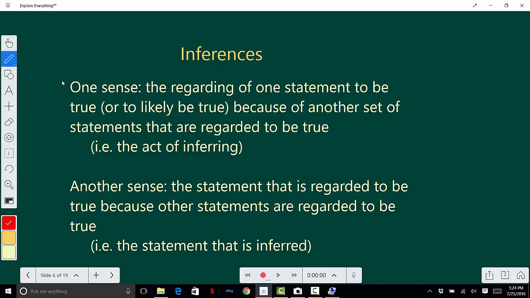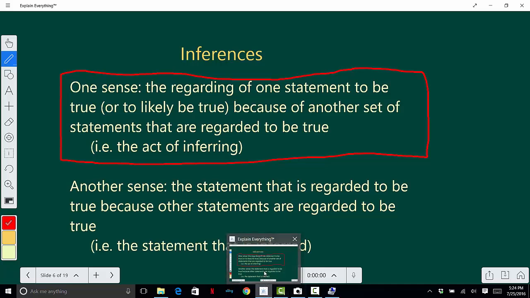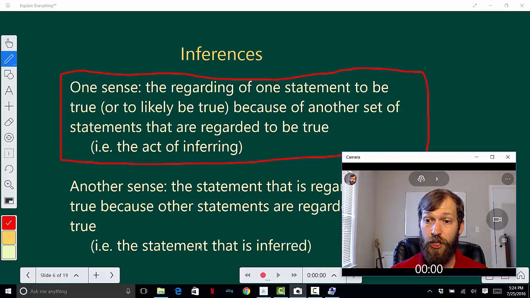But when it comes to what we're worried about insofar as we're studying logic, we're worried about this reasoning process. We're worried about this act of inferring. We're worried about this space between the structured statements and the statement that we're supposed to be led to. Okay? And that's a little more abstract.